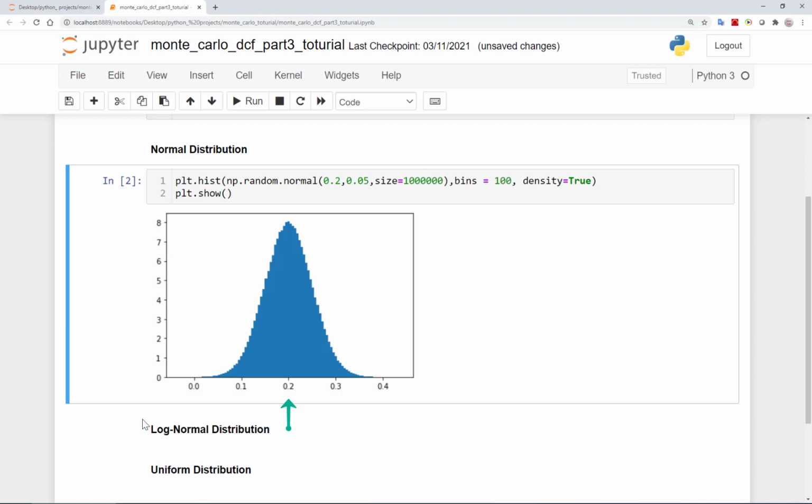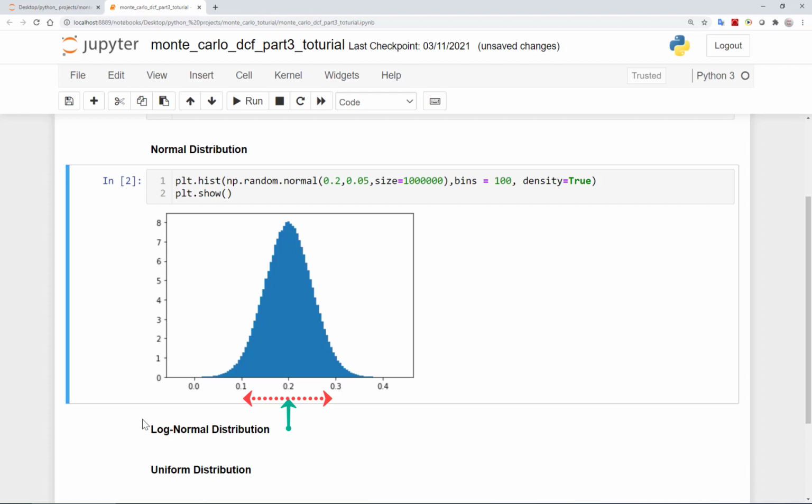For example, imagine you want to project the growth rate for a company for the next 5 years, and you have strong reasons to believe that the growth rate will be around 20% each year. So the most likely growth rate is 20%. But you are not certain about this, and you believe that the actual growth rate with a very high likelihood will be in the range of, say, 10% and 30%.